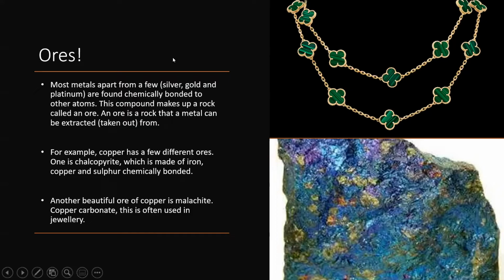This is about something at the top there, about chemically bonded. I said most metals, apart from silver, gold, and platinum. So that necklace is probably, the metal is probably gold. Lots of jewellery you wear is silver, gold, and platinum. They're used as jewellery because they don't react with anything, so they'll last a long time.